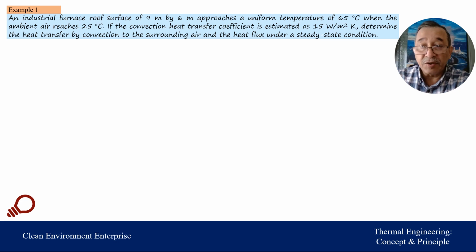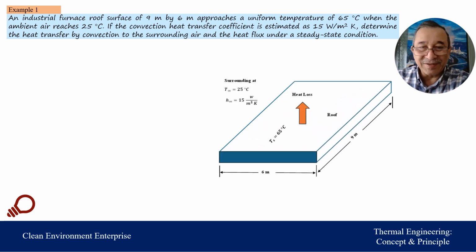The monitored temperature at the surface showed 65 Celsius, when the ambient temperature was kept at 25 Celsius. The heat transfer coefficient on the ambient side is around 15 watt per meter squared Kelvin. The question is how to calculate the convective heat transfer and the heat flux at that heated surface.